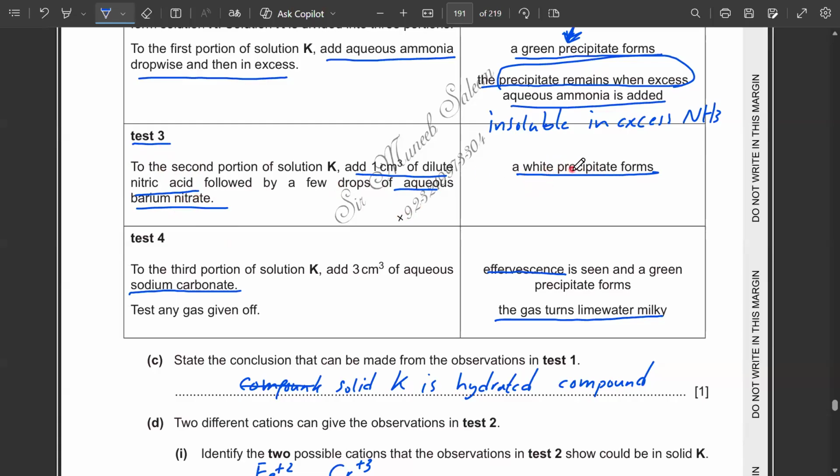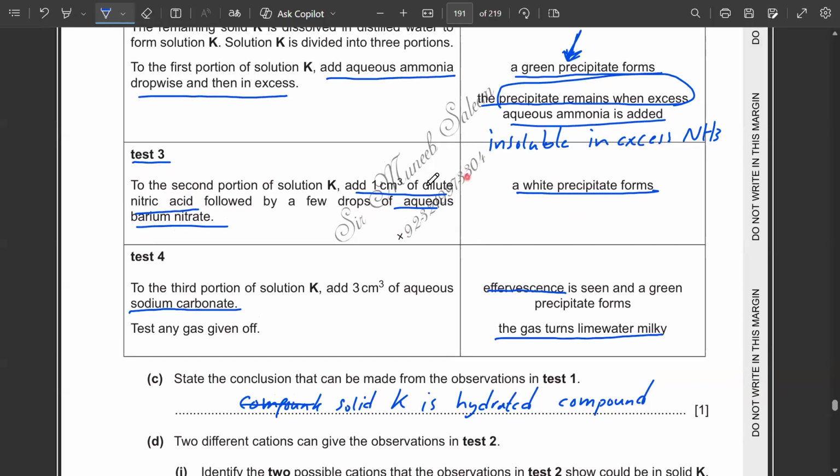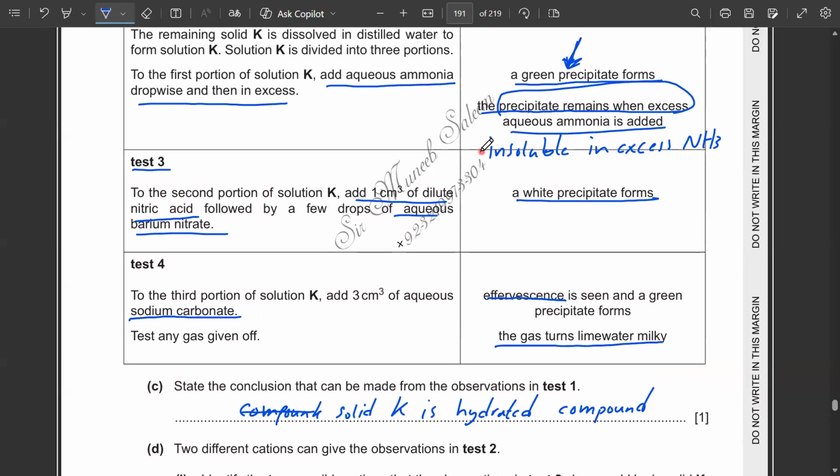Yes, anyone? We have performed this question before. When you add barium nitrate, which compound produces a white precipitate?